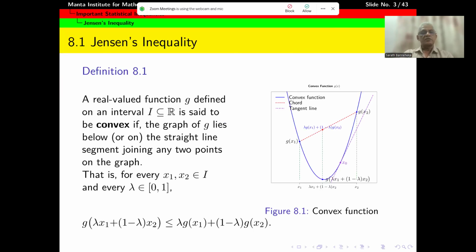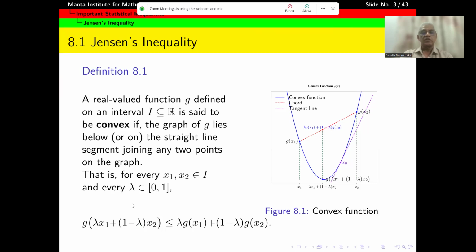We will first discuss Jensen's inequality, but before that, we need to know something called the convex function. So therefore, let us first look at the definition of a convex function.